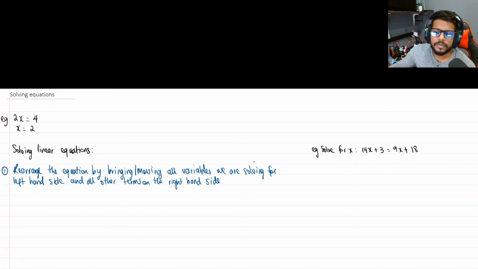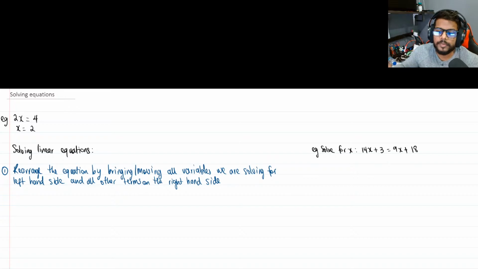The first step says to bring all of the variables I'm solving for on the left hand side. In this particular case, I am solving for x. I already have 14x on the left, so the 9x I want also on the left.